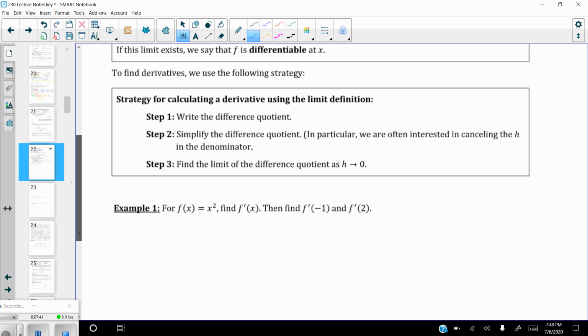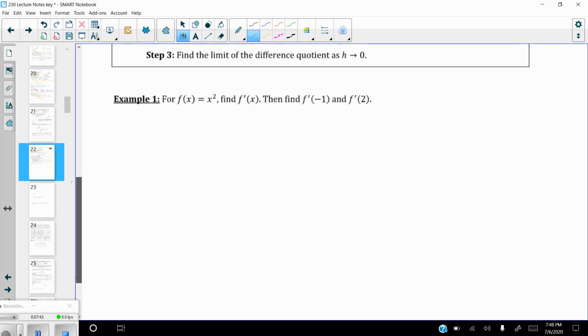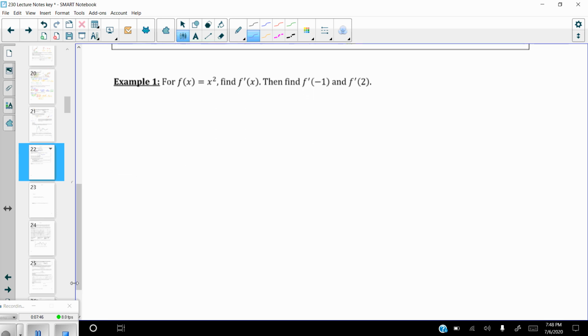So let's go ahead and do that for example 1. We have actually kind of already done some of this work before, but we're still going to go back through it again. So in order to find the difference quotient, we need f of x plus h. And f of x plus h, once again, is plugging x plus h in for the x's. So that's going to be x plus h squared. We are going to need to expand that.